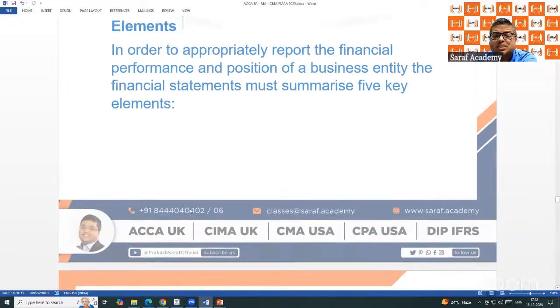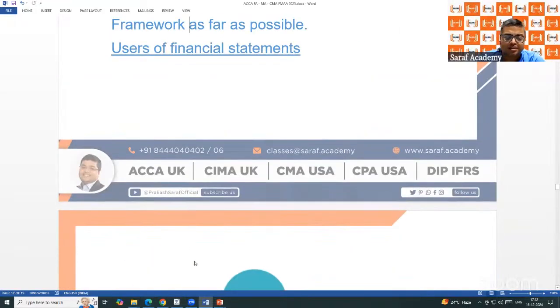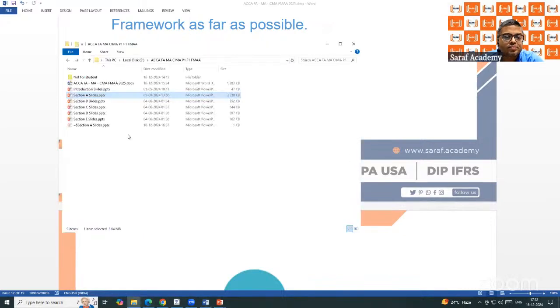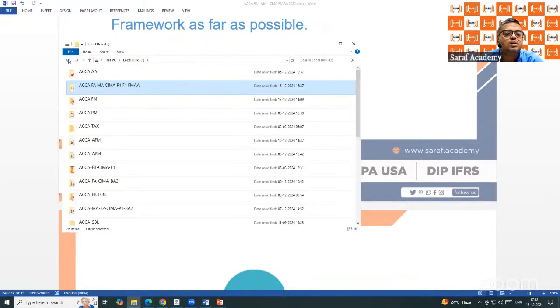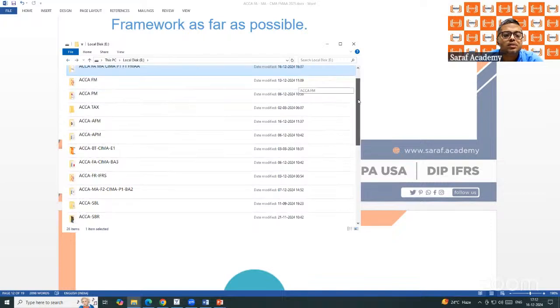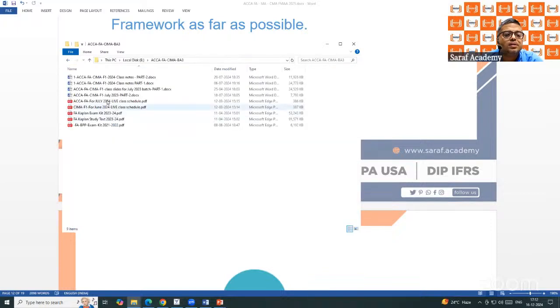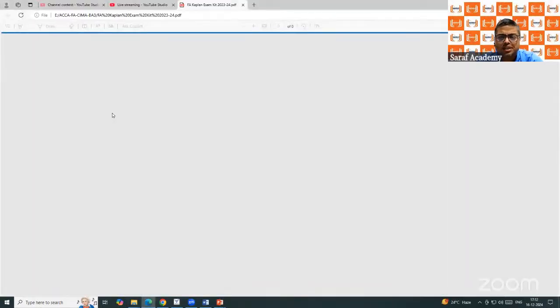and users of the financial statements have not been dealt with. ठीक है? Now suppose this is 23-24. Next class I will open the new one only, but just I am opening 22.